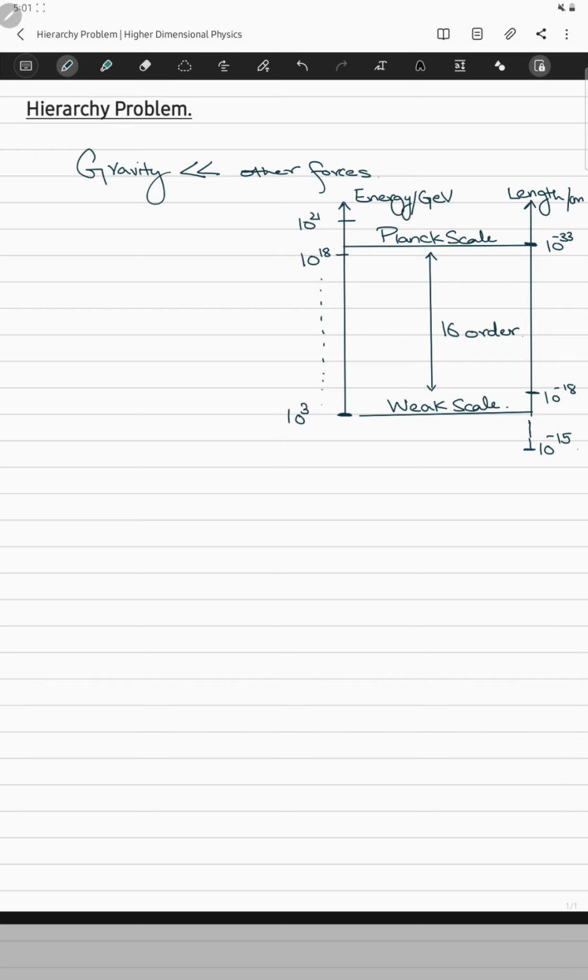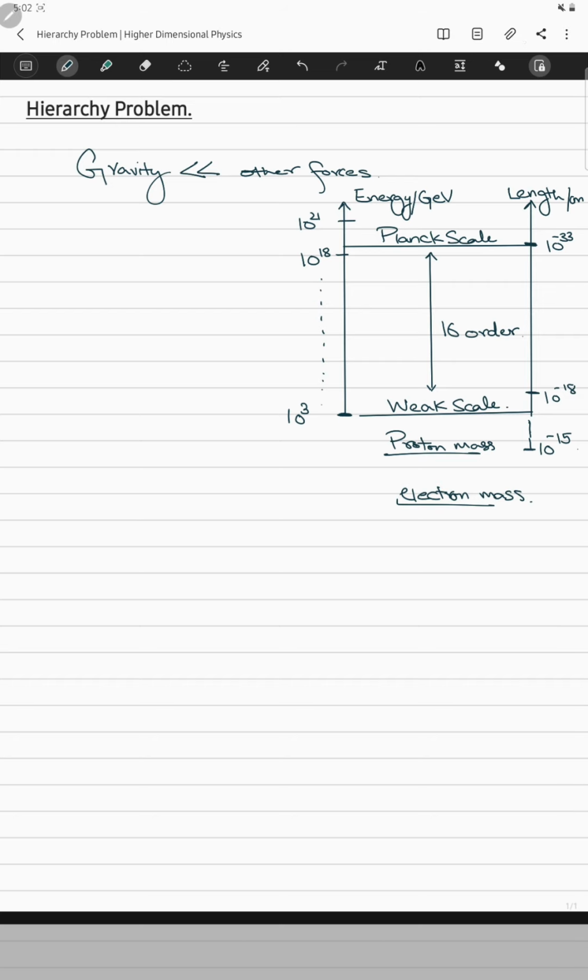This is just to give you a rough idea of the difference in the strength of gravity and your weak interactions, or all the other interactions. Below this weak scale you get your proton mass and your electron mass.